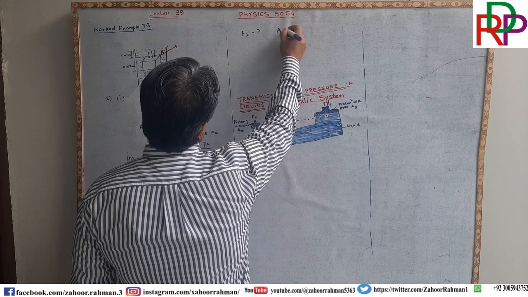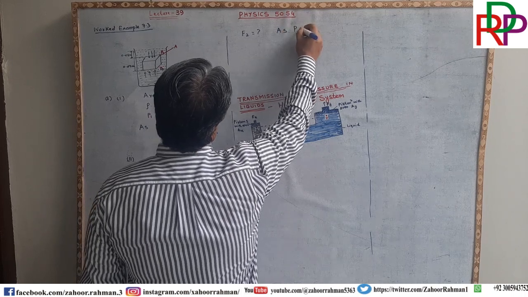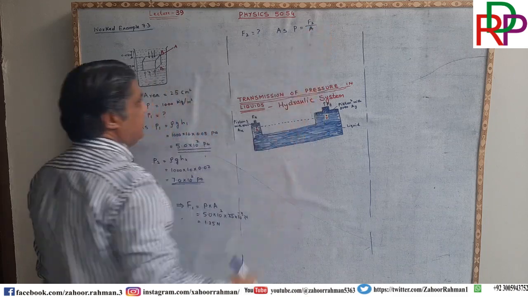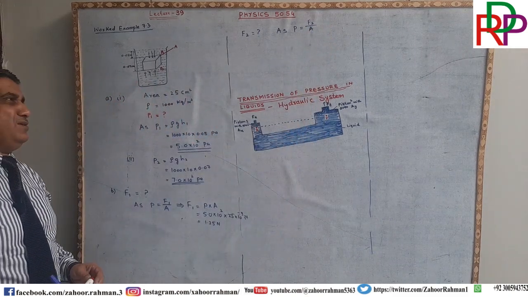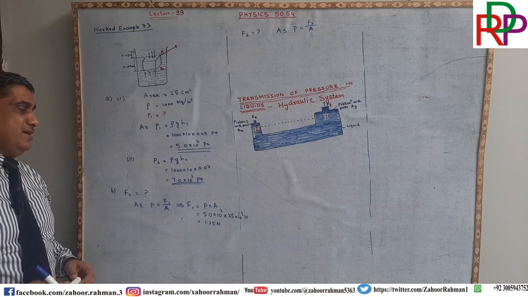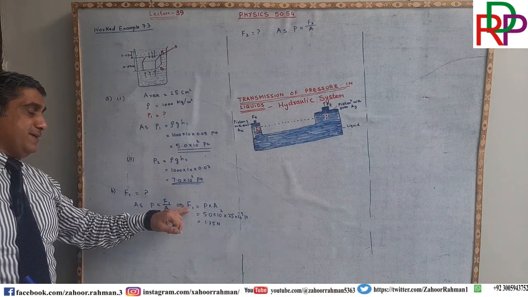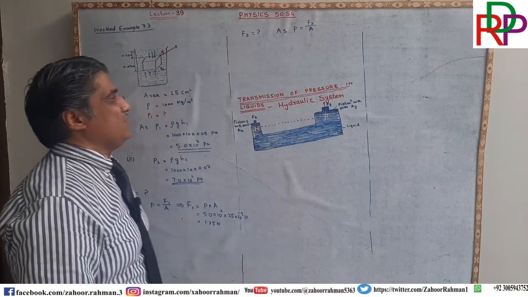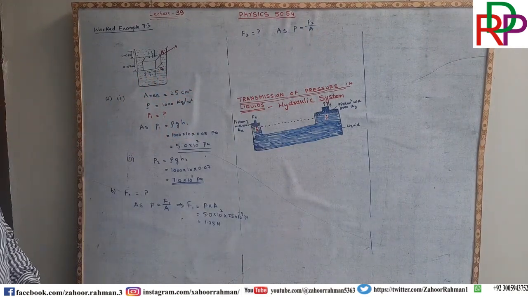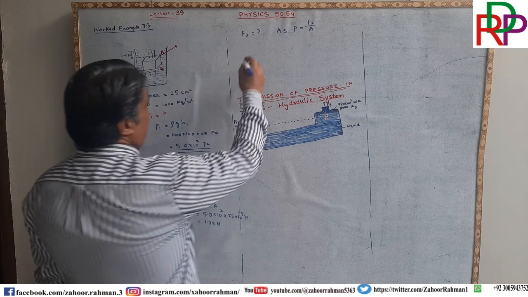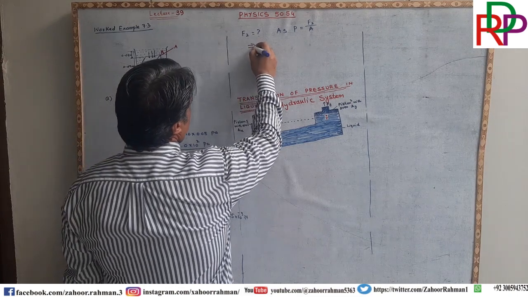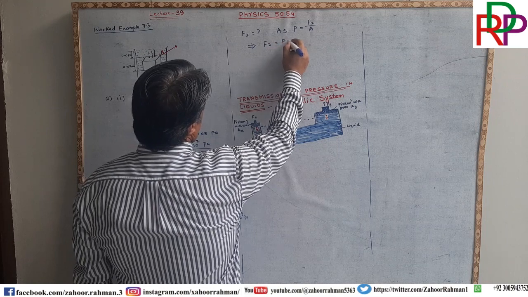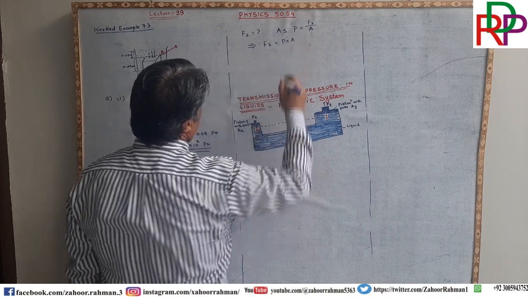Again, as we know that pressure is equal to force per unit area, to differentiate between two forces, we are labeling the first one as F1 and the second force, which is at the bottom, is F2. Now from this equation we can derive that F2 is equal to pressure into A.